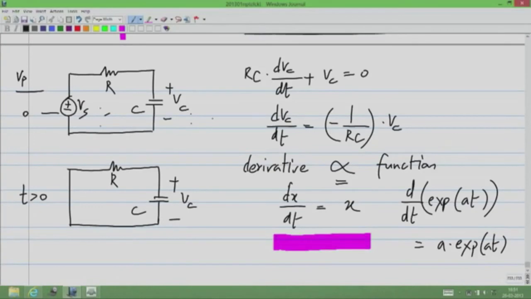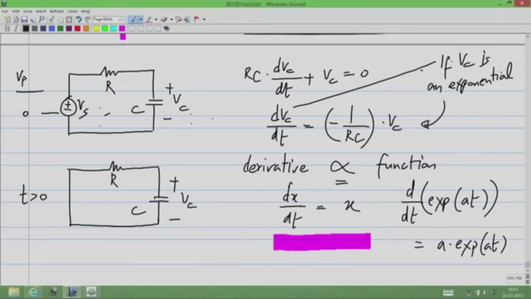So clearly in this case, if Vc is an exponential, this equation will be satisfied.